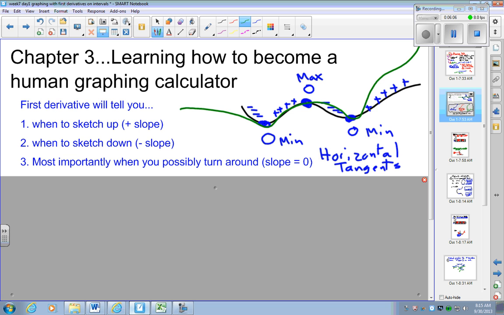If you notice, the slopes are still the same. Over here it is negative. Here it's positive. I'll do it in green so you see it. Here it's negative. There it's positive. There it's negative. There it's positive. There it's positive. And yes, at the same points here, my slopes are zeros.